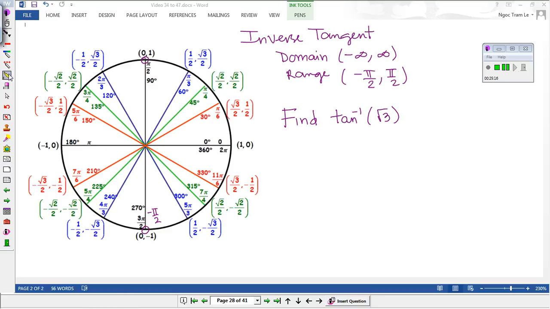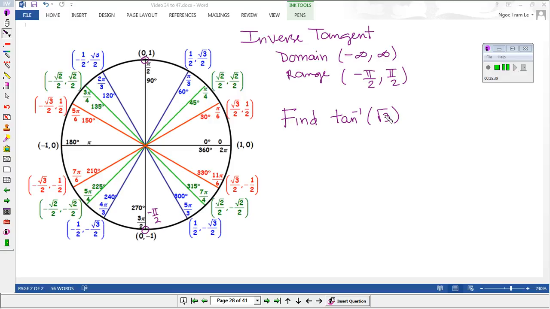Therefore we only look at half of the circle, and we do not want to include the two endpoints.